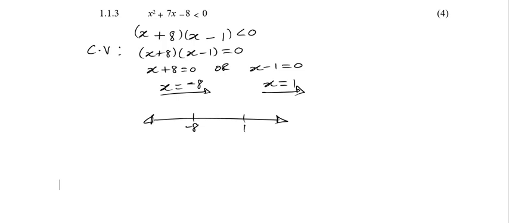Now I need to retest. Which number can I pick between negative 8 and 1, the smallest one. You can take any, but I would like to take 0. Then when I take 0 I put it here in x, so I will have 8 multiplied by negative 1. So I get a negative answer. But if I take negative 9, I have negative 9 plus 8 which is negative 1, and negative 9 minus 1 which is negative 10.